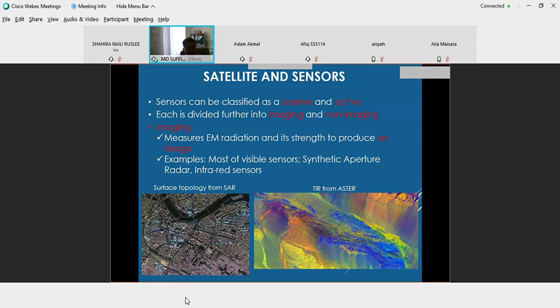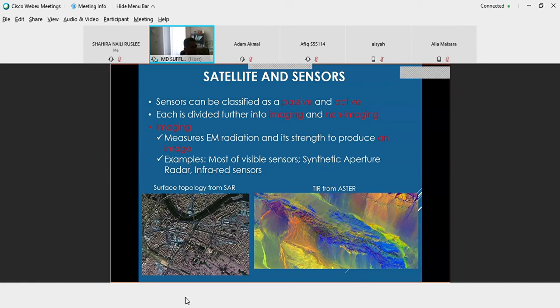Non-imaging means that it does not produce an image. It only measures the intensity of the reflected light from the earth surface. Imaging measures EM radiation and its strength to produce an image.